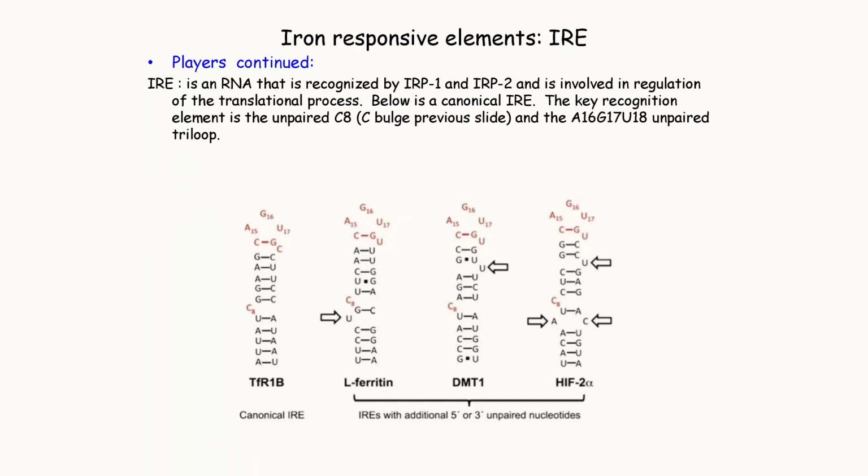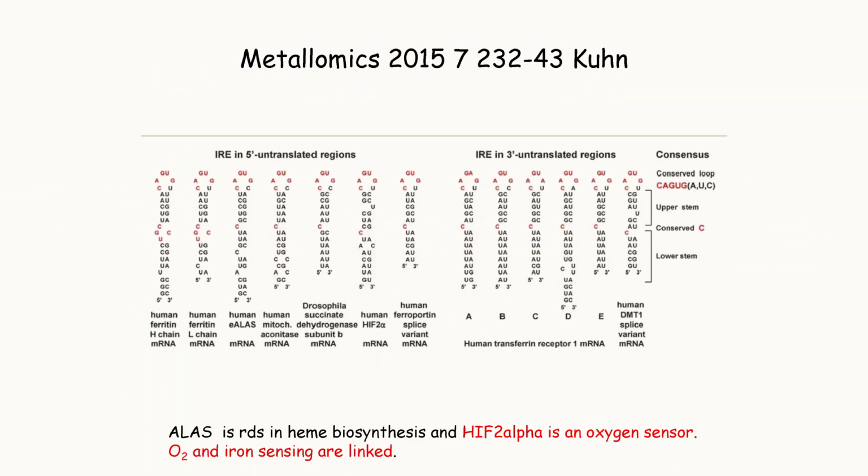And the next slide just shows you a more recent one where people have started doing a lot of bioinformatics on this. The previous slide was from a few years ago. And again, the details, what you need to see is that in all cases, you have stem loops, a little bulge of a cytosine, and then you have some kind of a loop at the top of the stem loop.